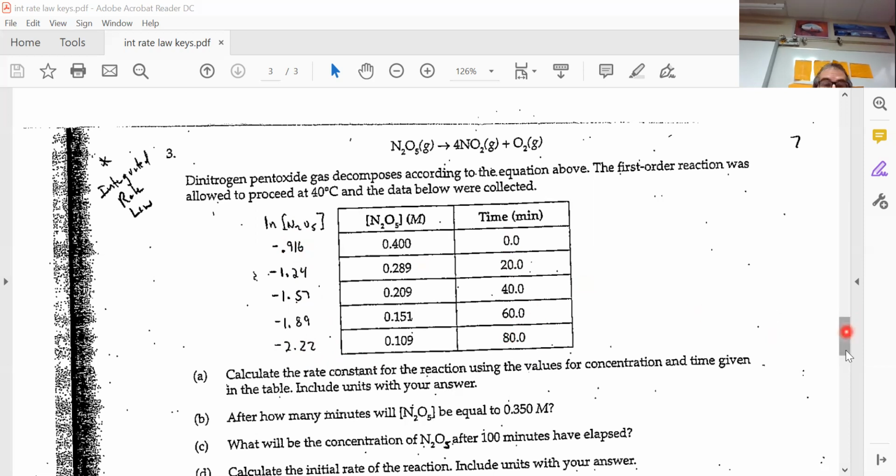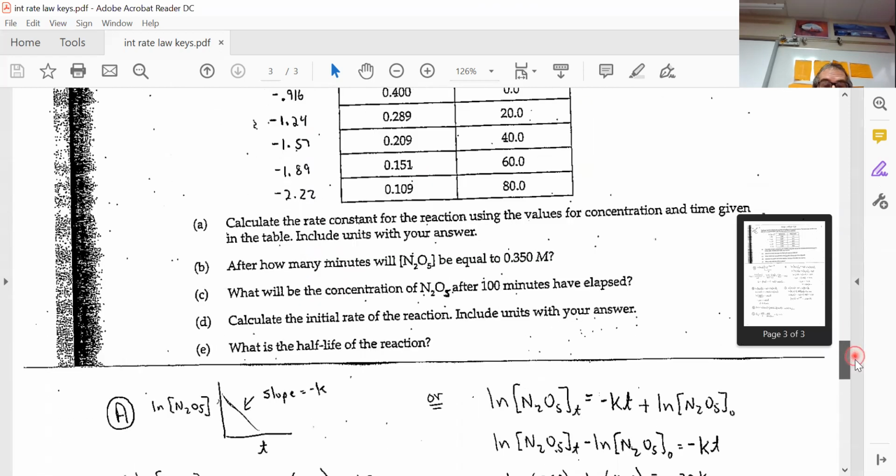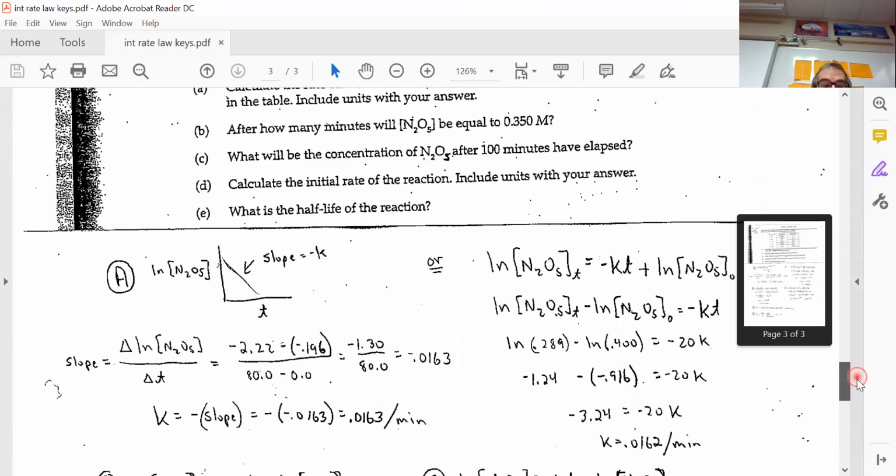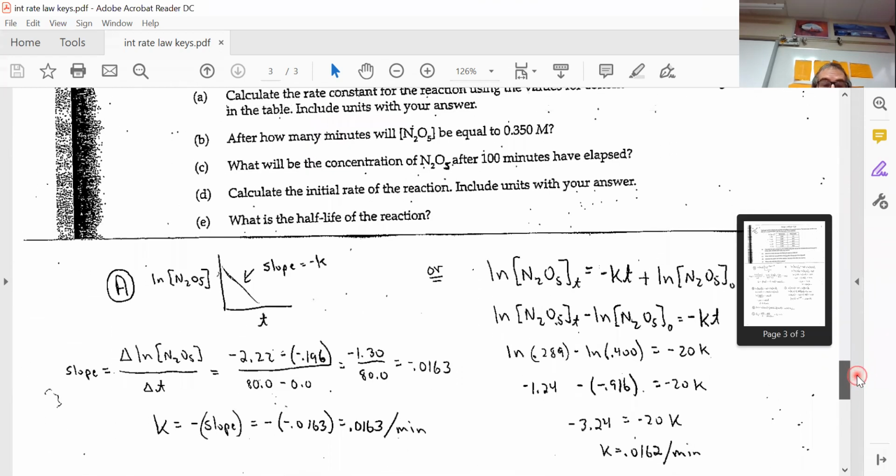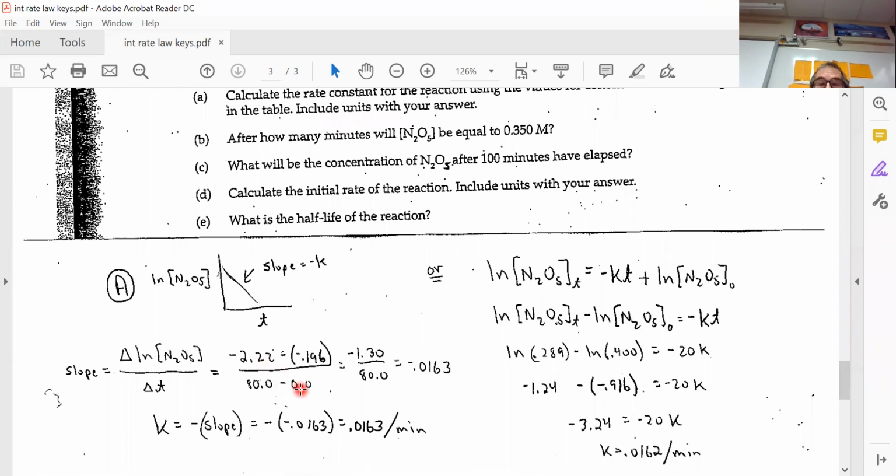Let's take a look at that down here and see what we have. That is what I chose to do. I end up with a negative number, negative 0.0163, but k is the negative slope, so k should be positive, and it's 0.0163 per minute, or minutes to the negative first power. You could do this by taking any values.